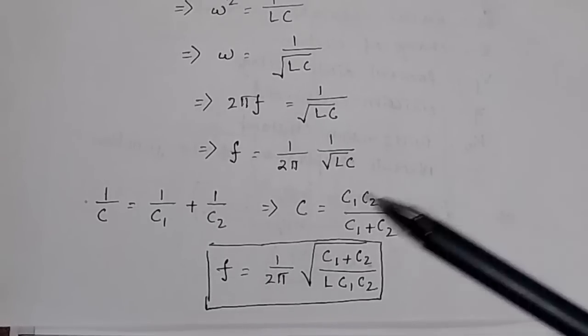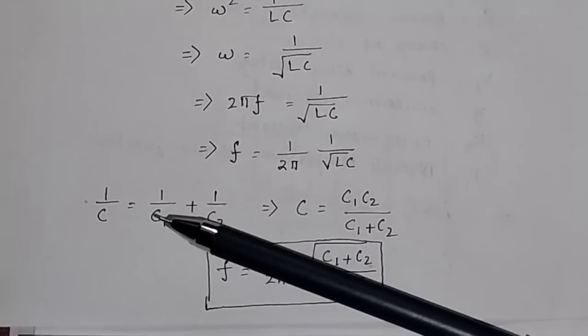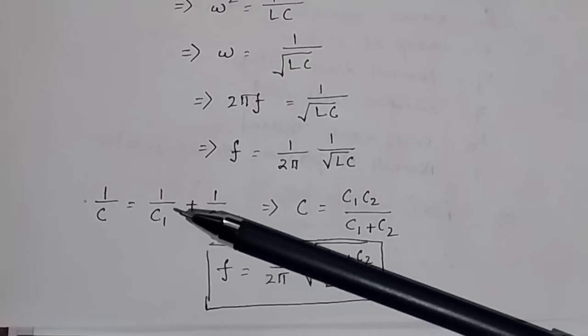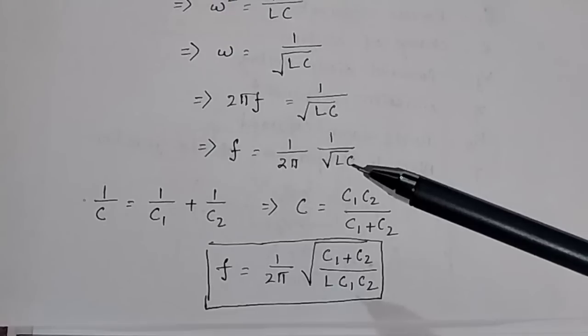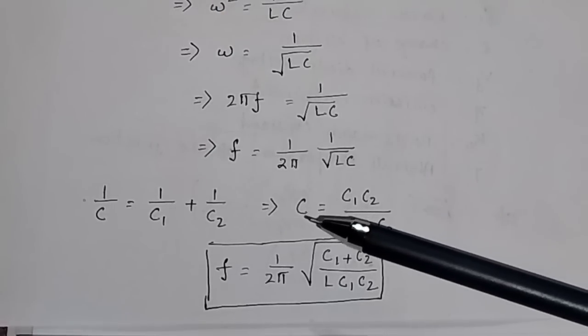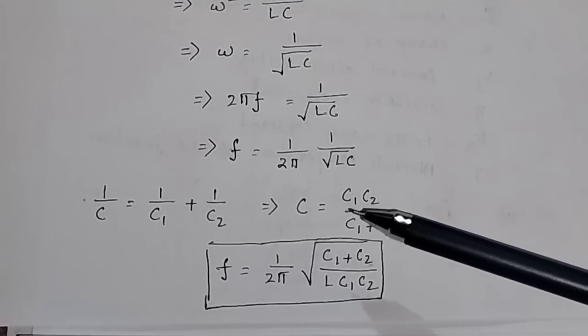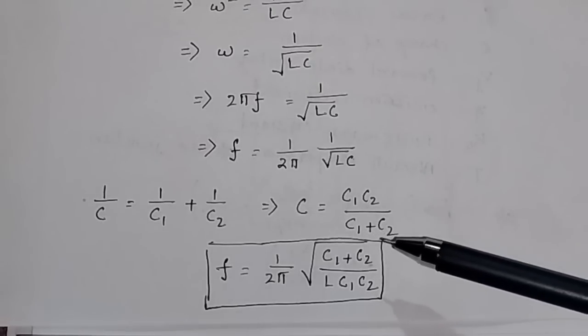Since the two capacitors are connected in series, the effective capacitance 1 by C will be equal to 1 by C1 plus 1 by C2. Here C is the effective capacitance. So you can find out the effective capacitance: C is equal to C1 C2 divided by C1 plus C2.